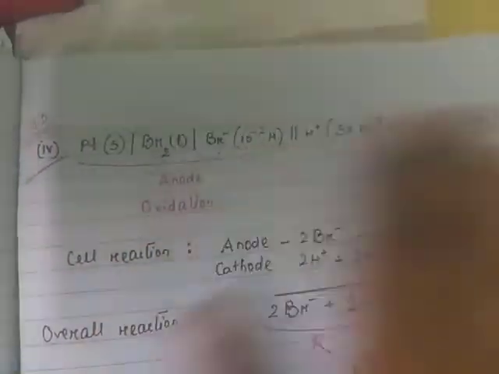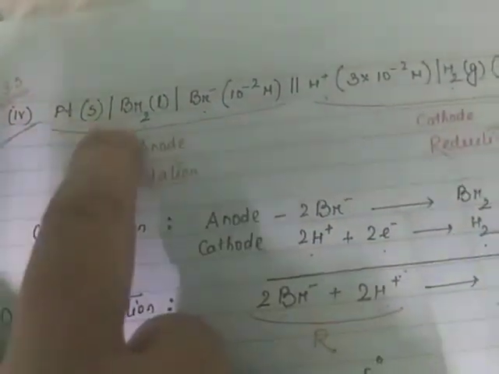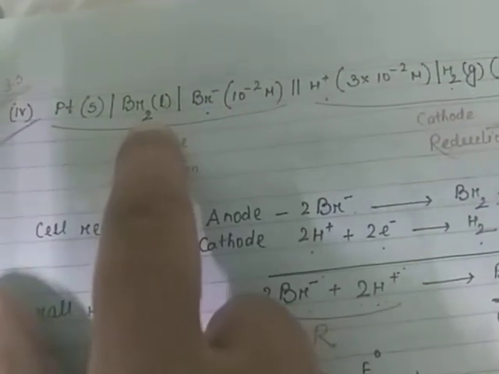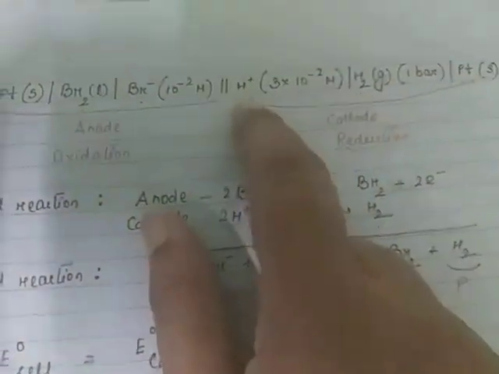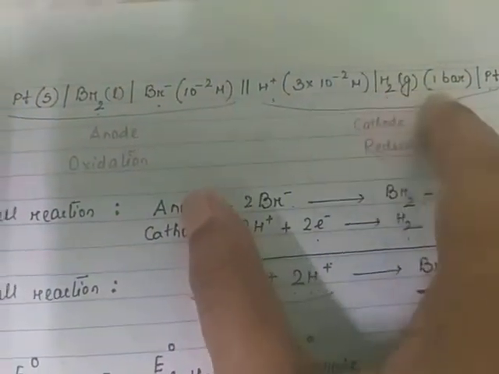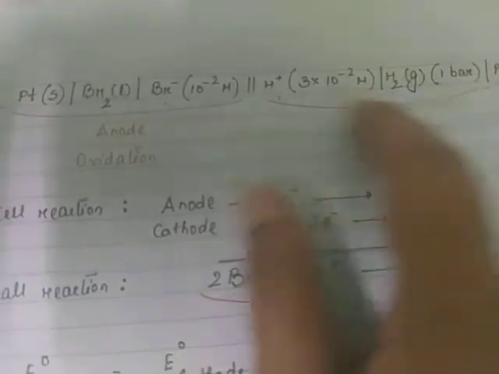Question number 4, that is given as, we have in the cathode also a phase change. Platinum electrodes are taken in which bromide ion and bromine liquid is there at the anode, and at the cathode a platinum electrode is dipped in acid solution where hydrogen gas at 1 bar is continuously bubbled.